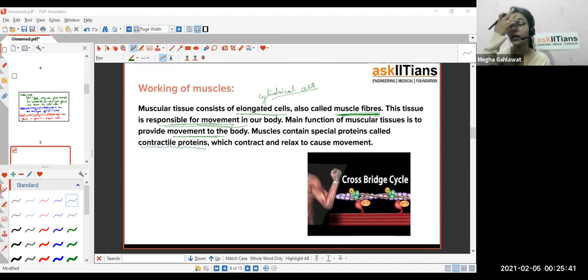So we'll do one thing. I'll tell you about the different kinds of bands which are present inside the muscle tissue. That will help you in understanding how exactly these work. So we have the light band, we have the dark band. We also call them the sarcomere and so on. I'll be talking about that.